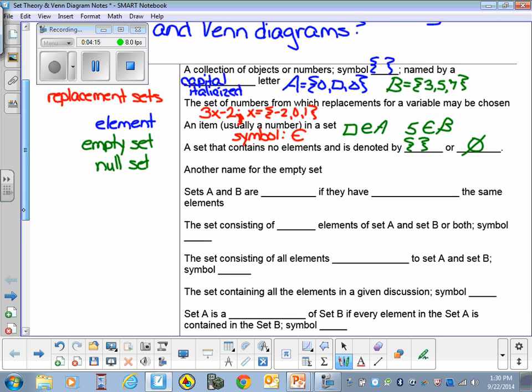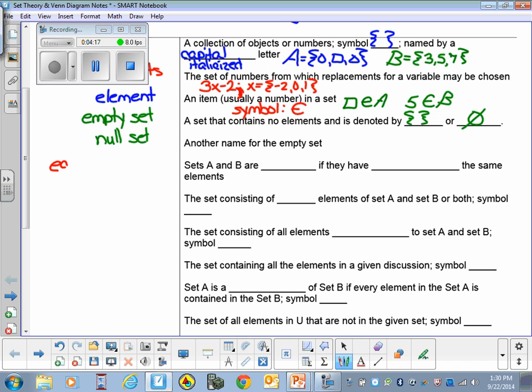Sets A and B are equivalent sets if they have exactly the same elements.